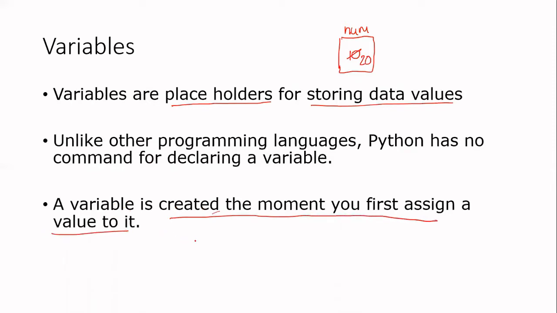So, for example, you can say num equals 10, and the variable is created at that stage, and Python will look at the value you're putting into that variable, and it will assign a data type to it. So in this case, the value 10 is assigned to the variable num, and this variable will be of an integer data type.